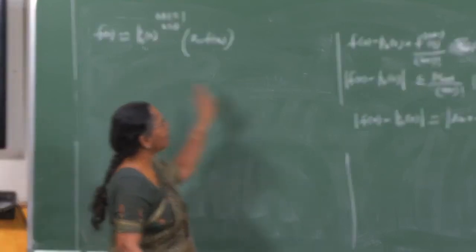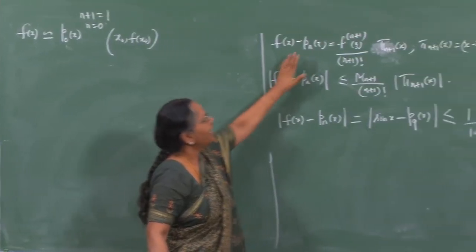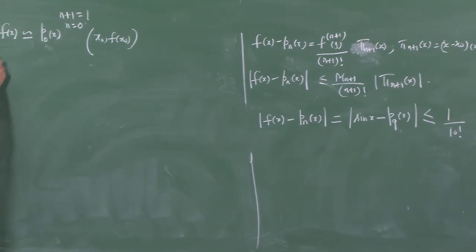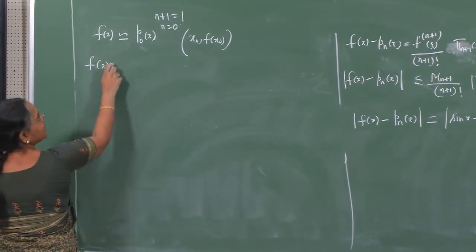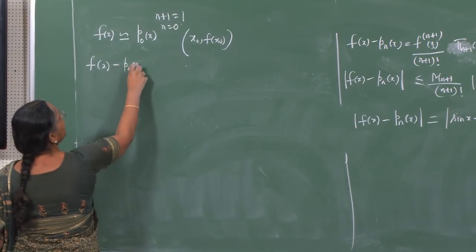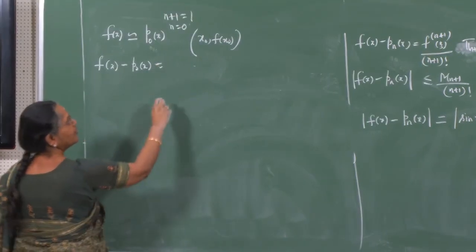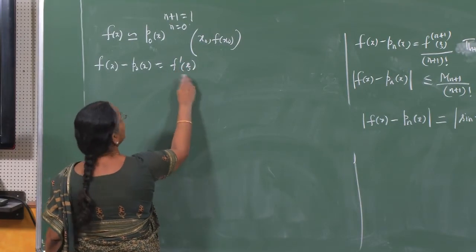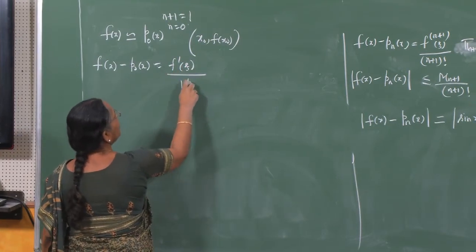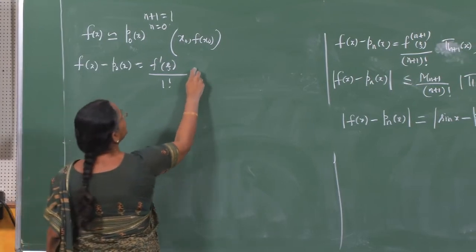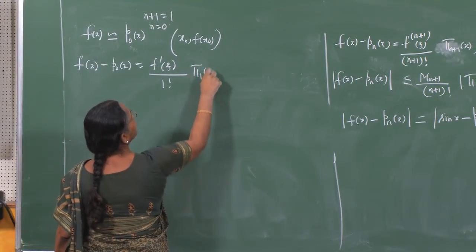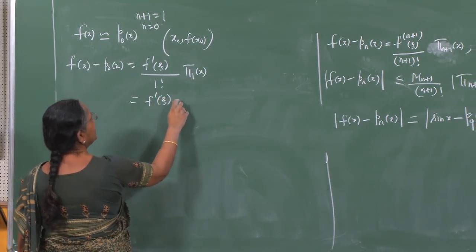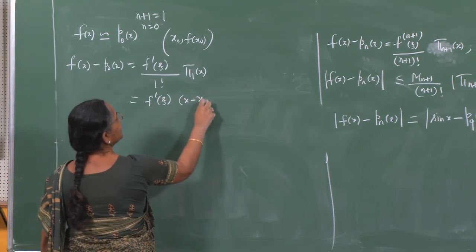I write down the error in interpolation in this case. This tells me f of x minus p naught of x is equal to f dashed of psi by 1 factorial into pi 1 of x, that is f dashed of psi into x minus x naught.